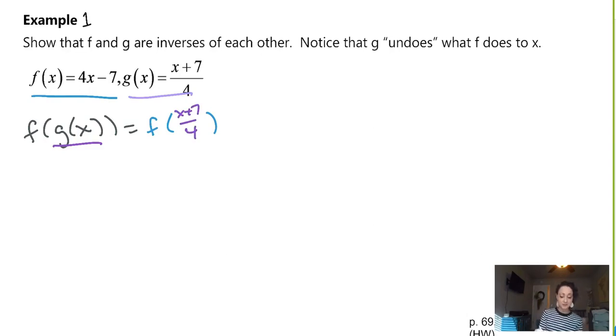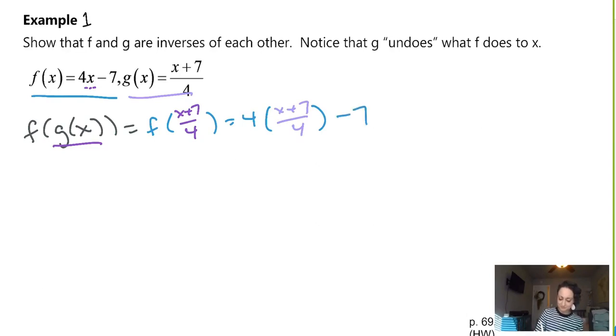Now I'm going to come to my function f, and anywhere I see an x, which is just here, I'm replacing it with (x plus 7) over 4. So here's what we have. I run into that 4 first, so I've got 4. Now I've got x, so I'm replacing that with (x plus 7) over 4, and I've got a minus 7.